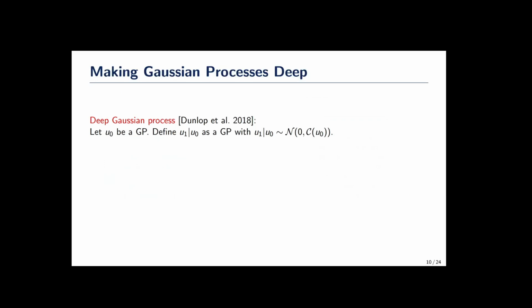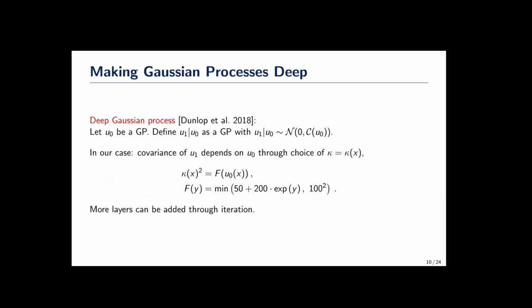And even more specifically, the way we implement it is that we change this covariance structure by making use of the length scale parameter kappa. So we now choose kappa to be a non-stationary function, and specifically we choose it in such a way that it depends on the values on the lower layer.